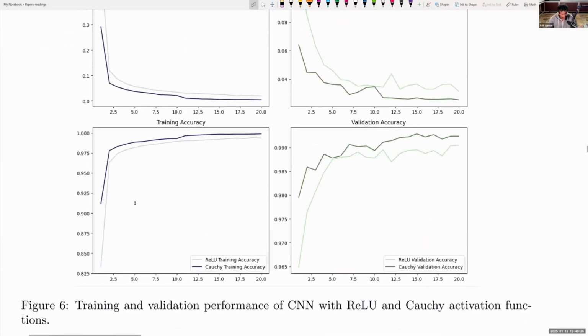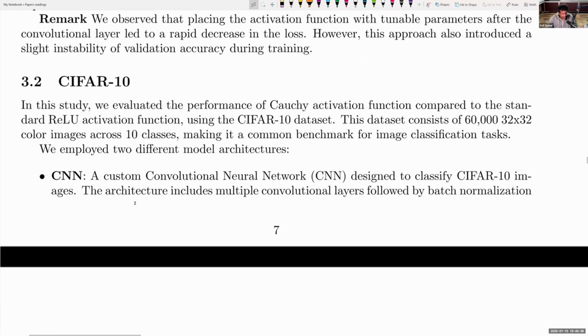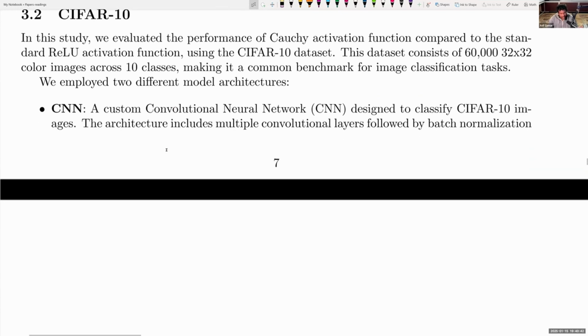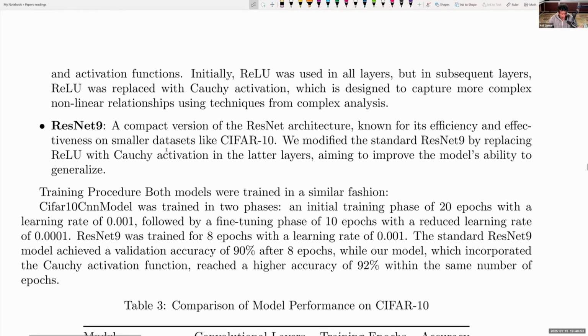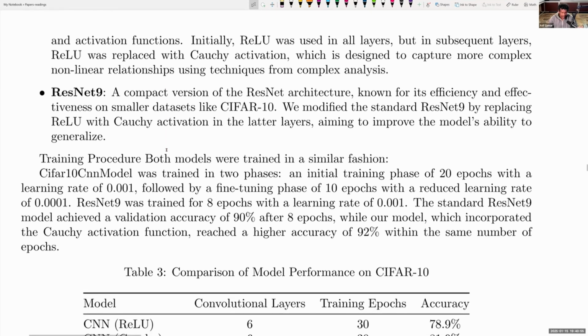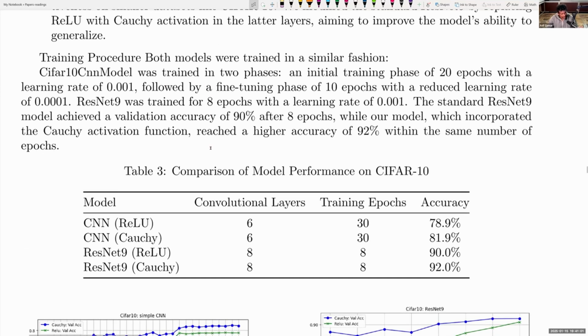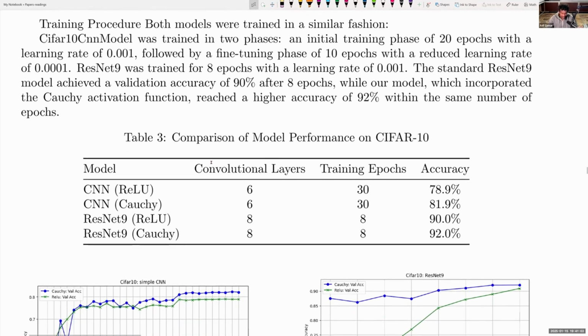Similarly, they apply the same idea to the CIFAR 10 dataset. Here they're using a CNN, which is a convolutional neural network, and in the CNN you also have this activation function. They replace the ReLU again with Cauchy, and then they show better results. They also apply it in the ResNet architecture, and there also they show that it is doing a better job.